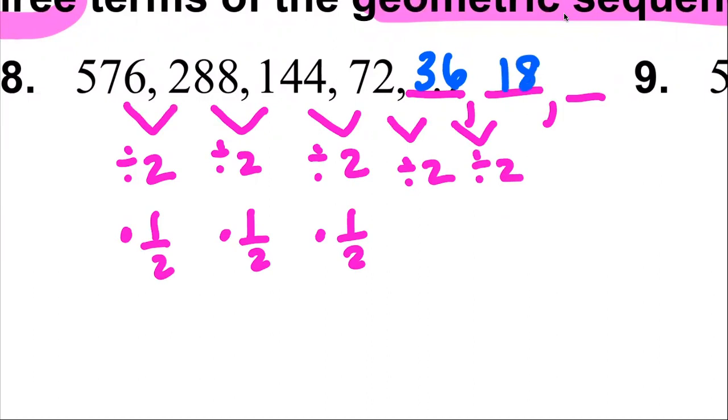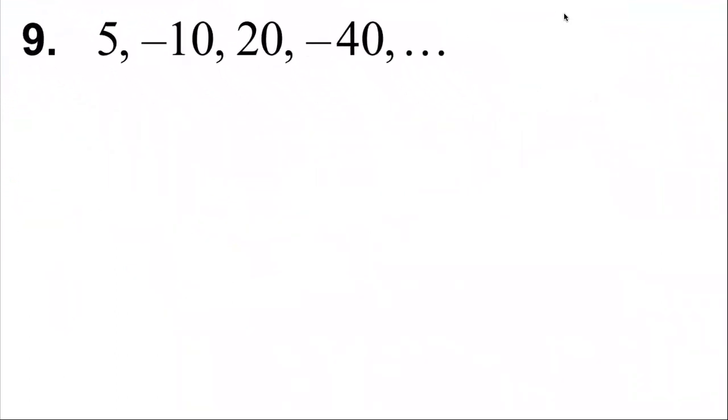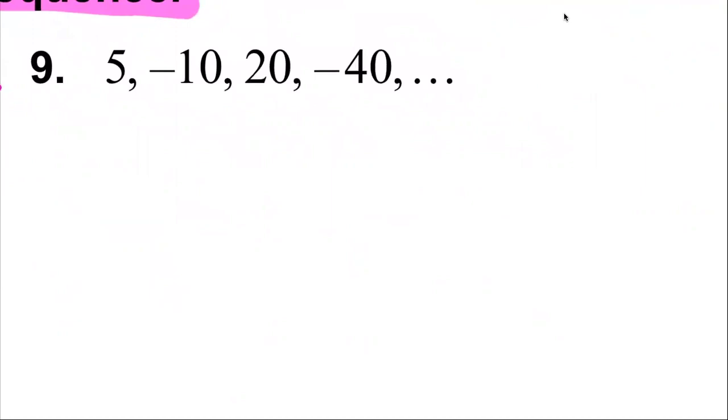And if we do that one more time, we're going to get 9. Okay. All right, how about you try this one without me, and then we'll go over it together. I'll give you about a minute to see if you can get the next 3 terms, and then we'll go over it together.